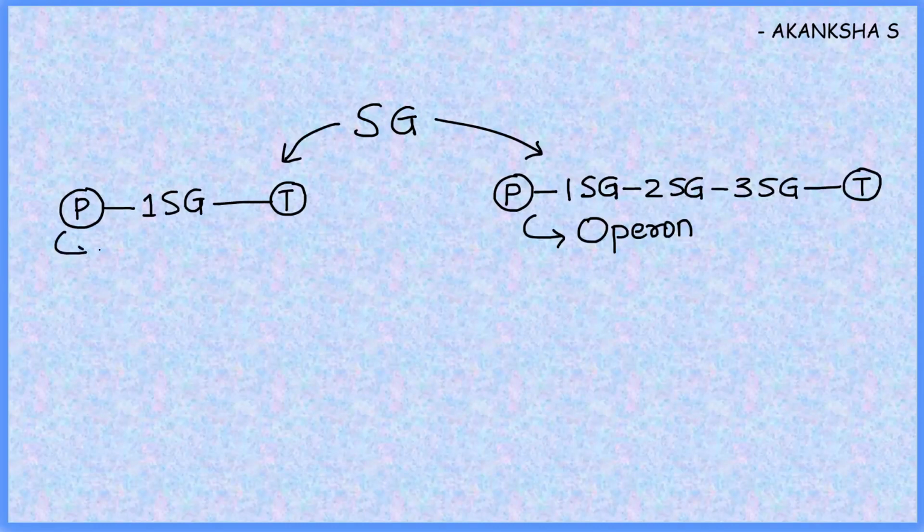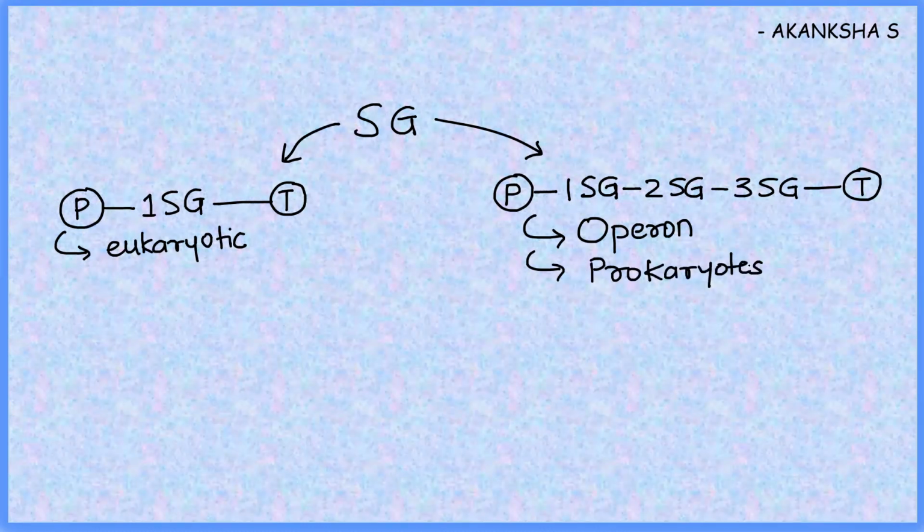Whereas most of the eukaryotic genes have only one structural gene, and every structural gene will be represented with one promoter and one terminator. So it's pretty much like an individual feature, whereas in prokaryotes, one promoter and one terminator can be used for multiple genes aligning together.